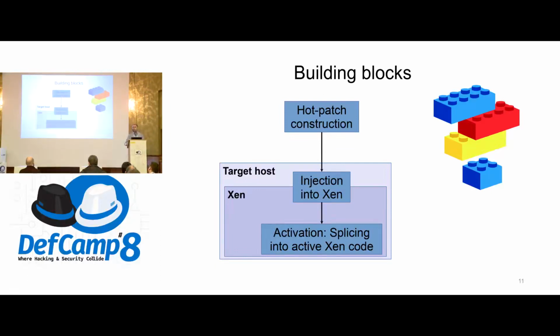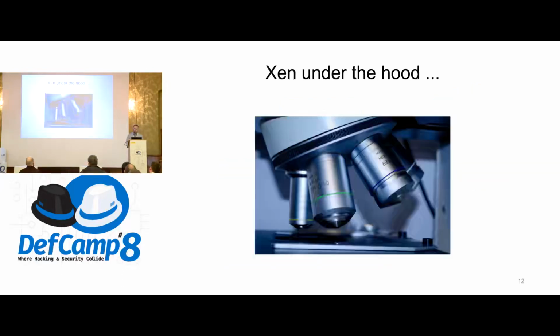And you also need to activate the code, so you need to splice it into the running system. Just loading is not sufficient, but you need to modify the existing code to make use of the new functions, basically. A lot more is required if you want to deploy that at scale, on the monitoring side and the deployment side and so on. But these are the 3 main building blocks that I want to focus on today.